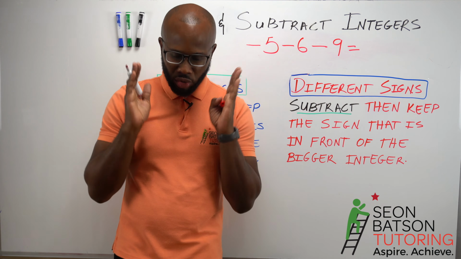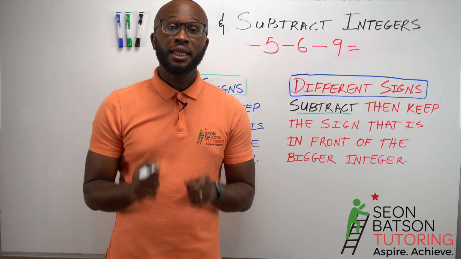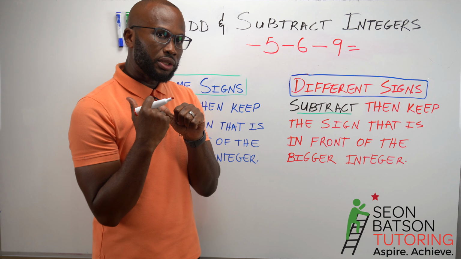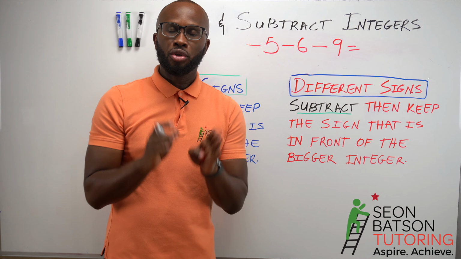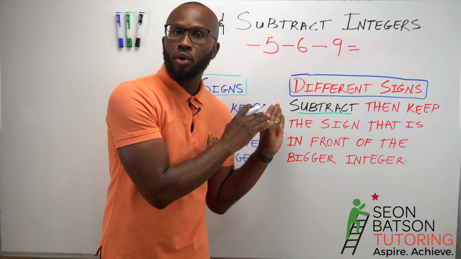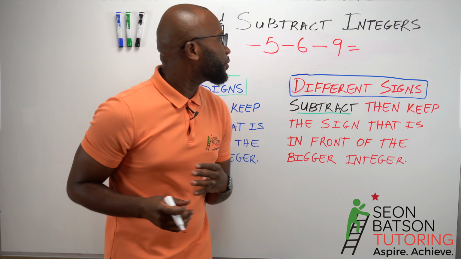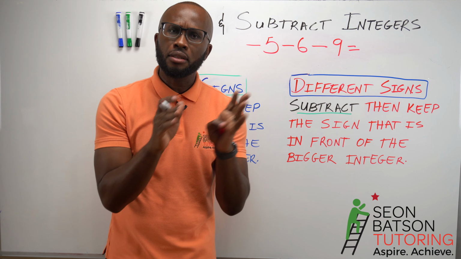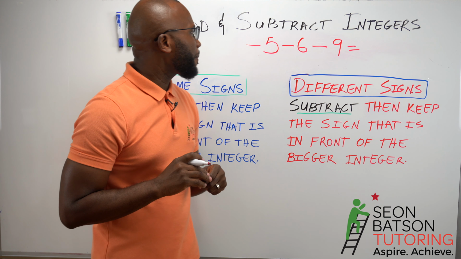So this is what I want you to do for me. Pause the video and give it a shot. If needed, you can go back and watch the previous examples and then come back and try it. Then let's see if you get the same answer. Yes? Now, you got this. Remember the plan. Same signs, add. Different signs, subtract. Go ahead.